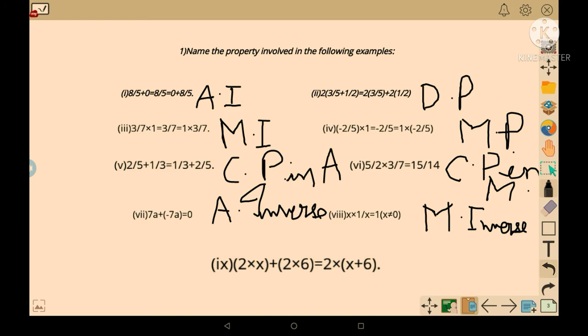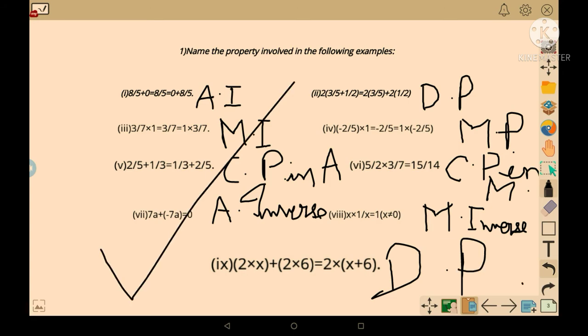Okay, so 2 into x plus 2 into 6 equals 2x plus 6. So this was the distributive property in multiplication. So let's just write DP. Okay, so this is finished. So the sum is finished now.